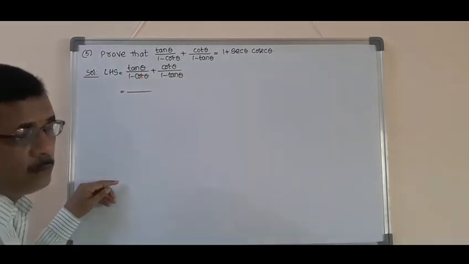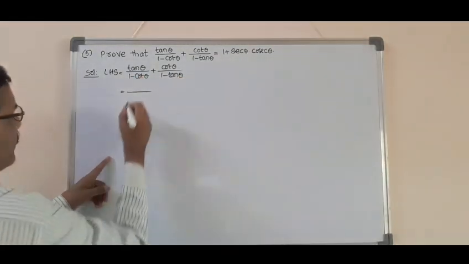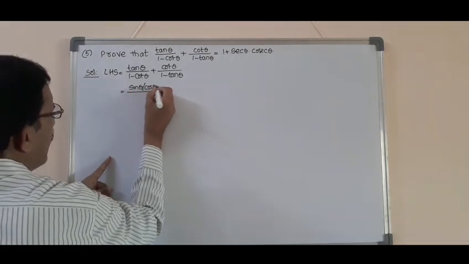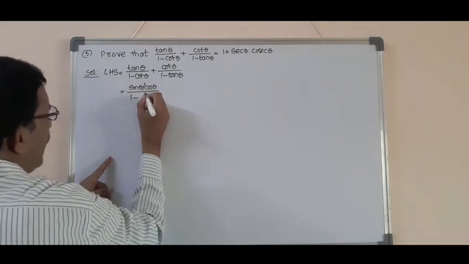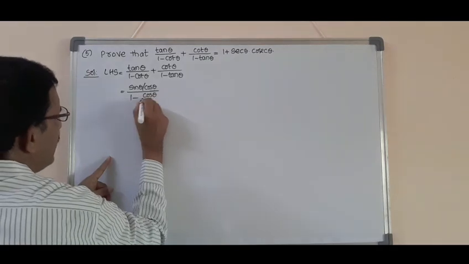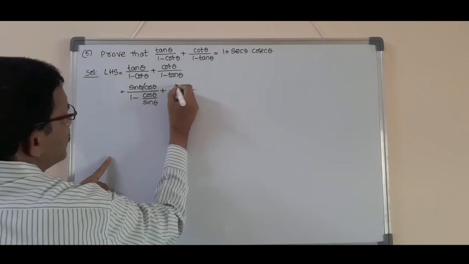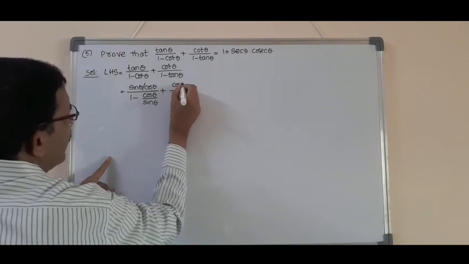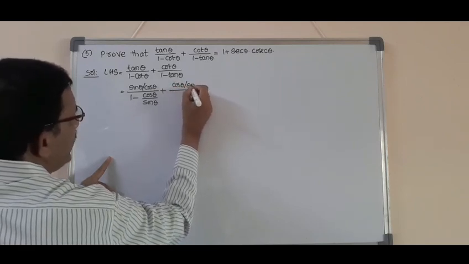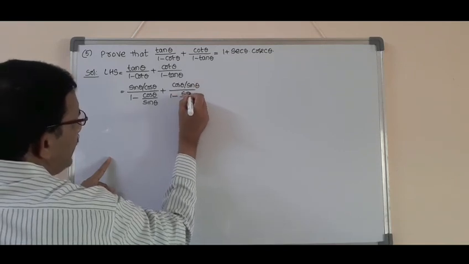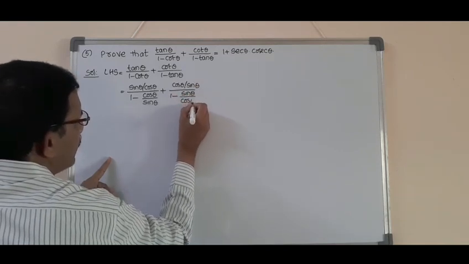I am writing tan theta as sin theta by cos theta, 1 minus cot theta, cos theta by sin theta. Plus, here also cot theta can be written as cos theta by sin theta, 1 minus tan theta, sin theta by cos theta.